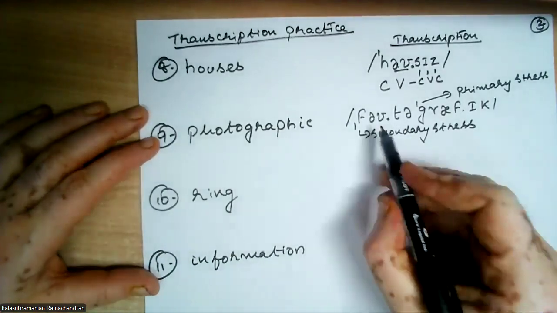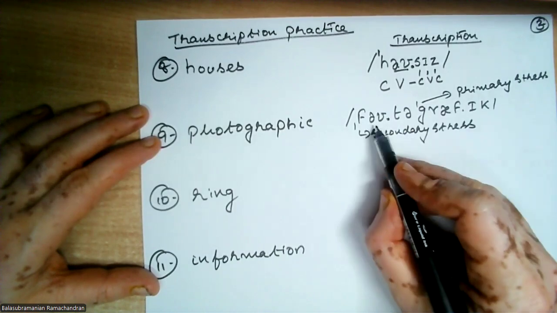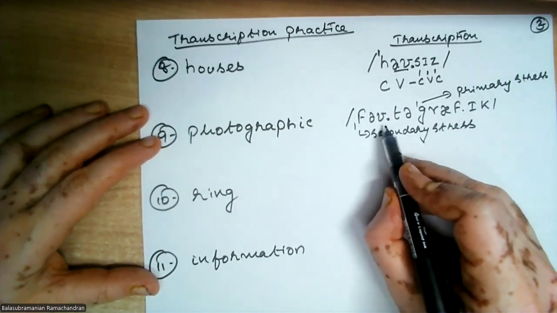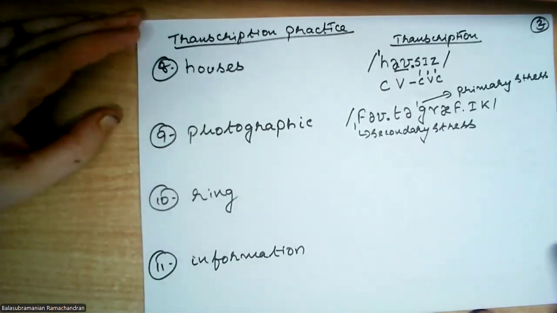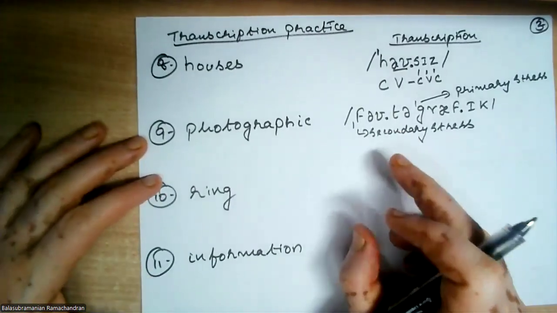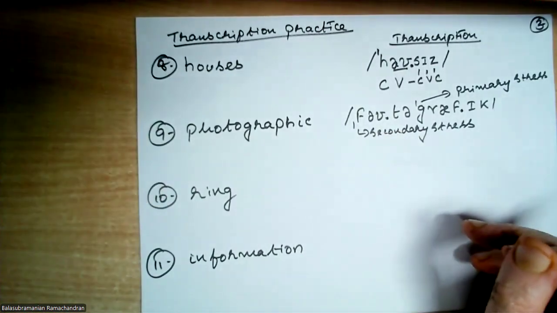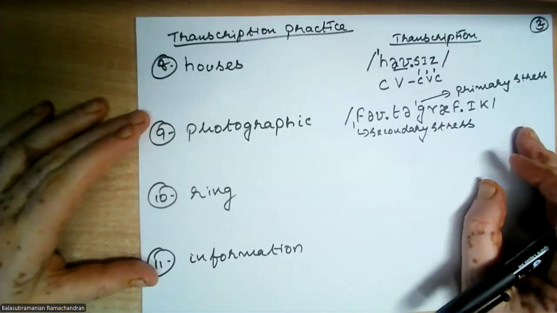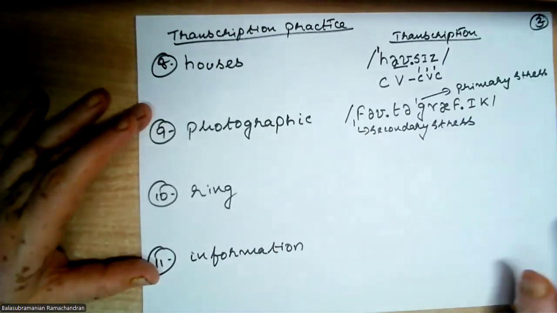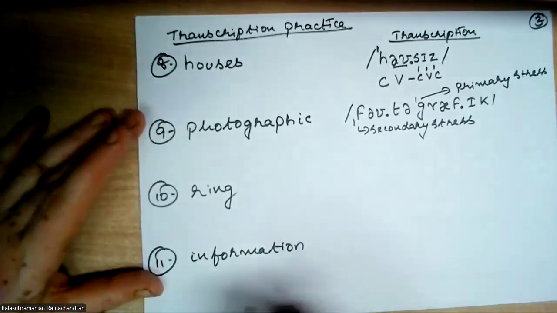So listen very carefully. It is photographic. Again, don't bother about all these things, because nobody's going to question you on why you have marked it like this. But it's better. Now after this complicated word photographic, let's go to a very simple one.